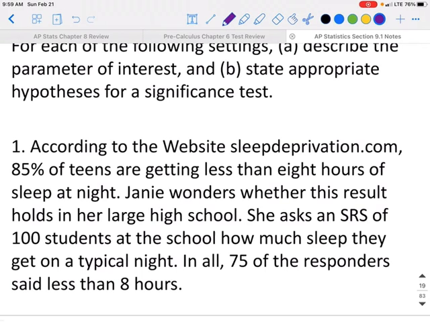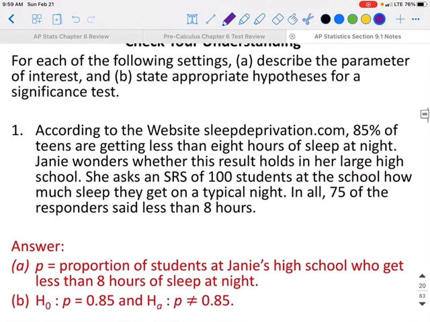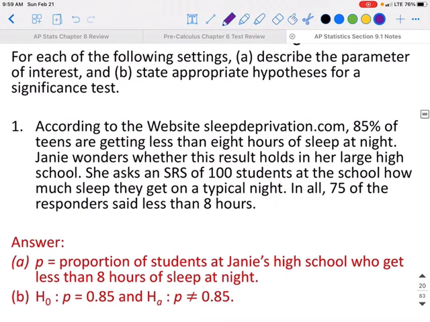So our null hypothesis first is always going to be p equals, we're talking about a proportion, whatever it says about the entire population, which is 85%. So our null hypothesis is p is equal to 0.85.